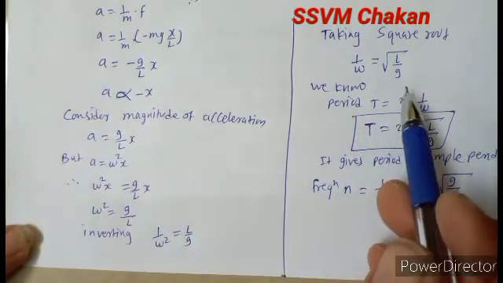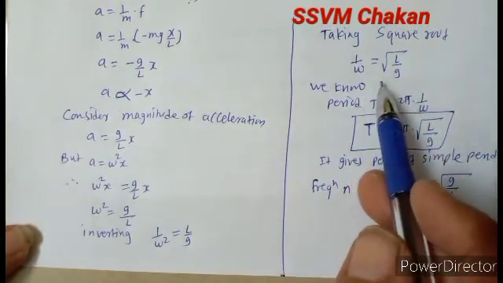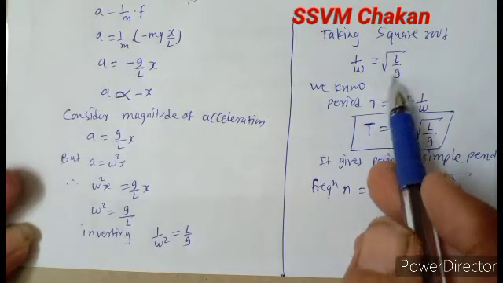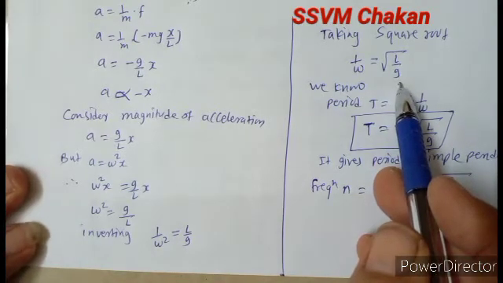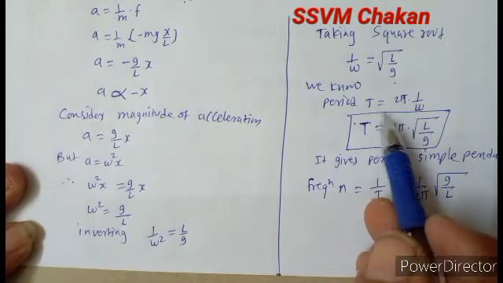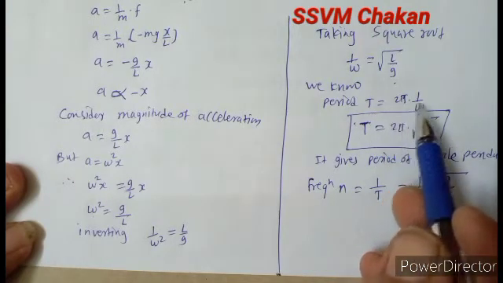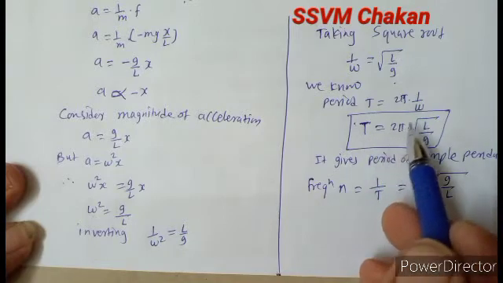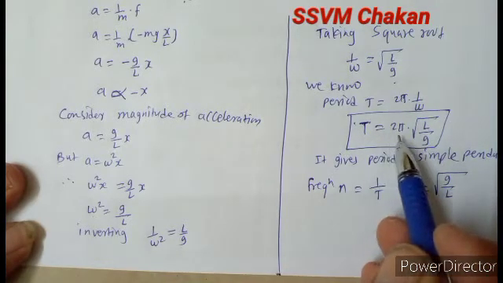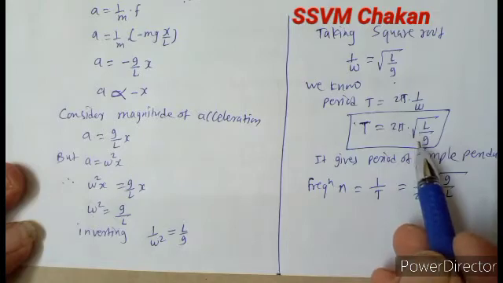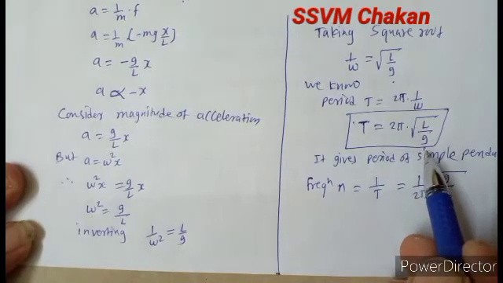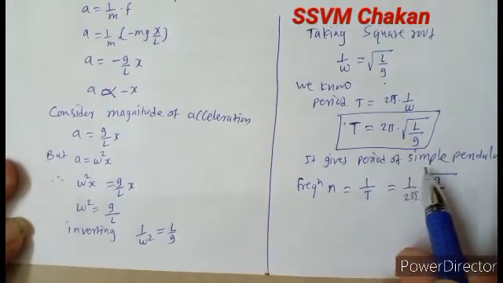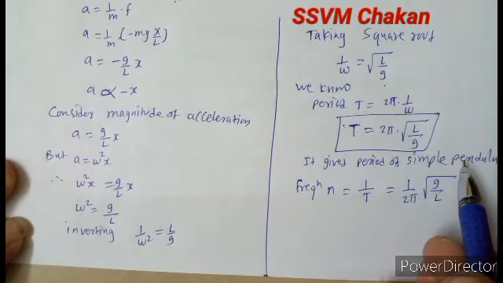Taking the square root, 1 upon omega equals square root of L divided by g. We know period T equals 2 pi into 1 upon omega. Substituting the value of 1 upon omega, T equals 2 pi into square root of L divided by g. It gives the period of the simple pendulum.